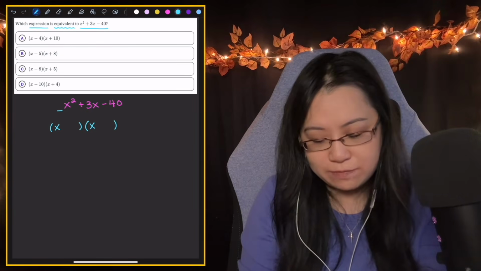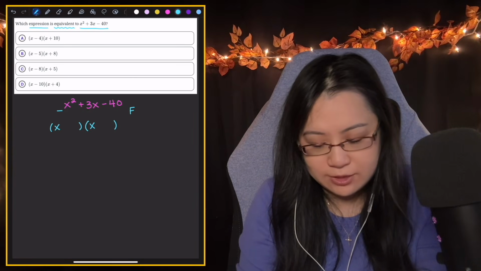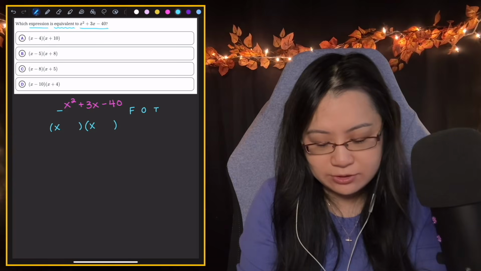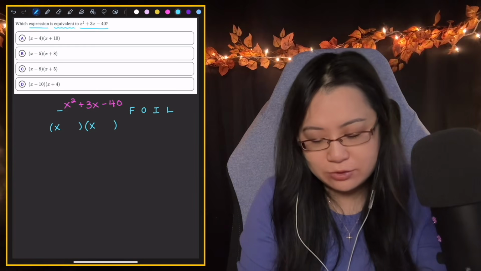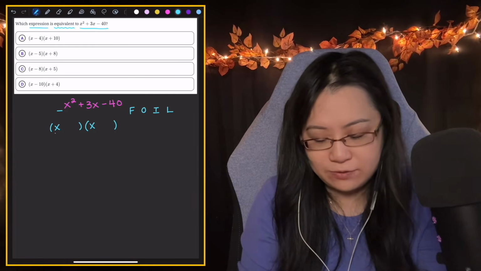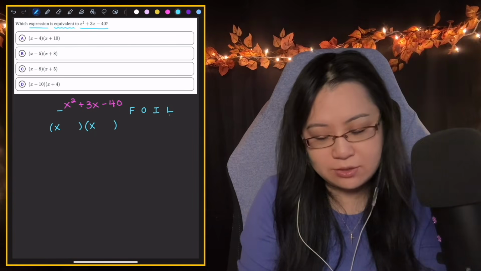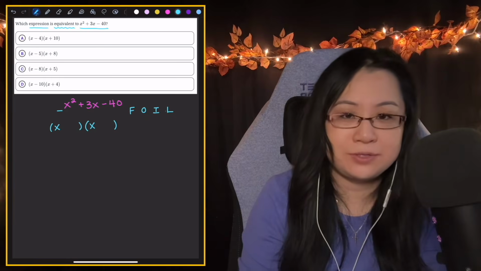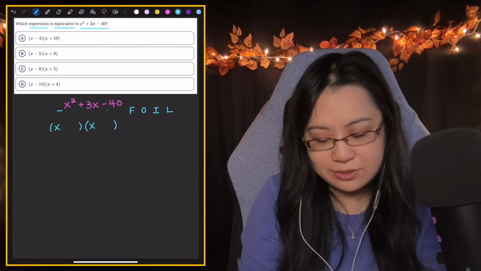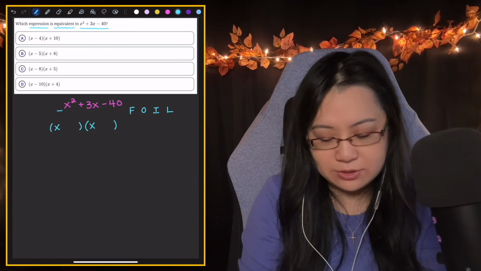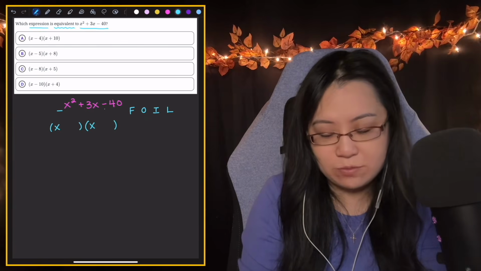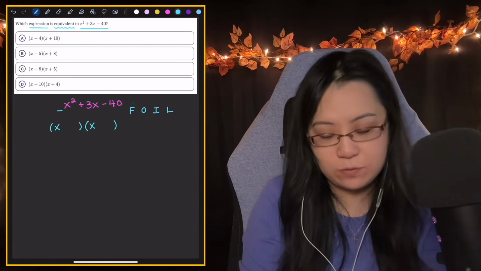So with the FOIL method, we are doing first, outer, inner, and last. So the first part is taken care of with the x times x. Then let's take a look at the last part. We can deal with the outer and inner later. The last two numbers, so the second two numbers, have to multiply to give me negative 40.